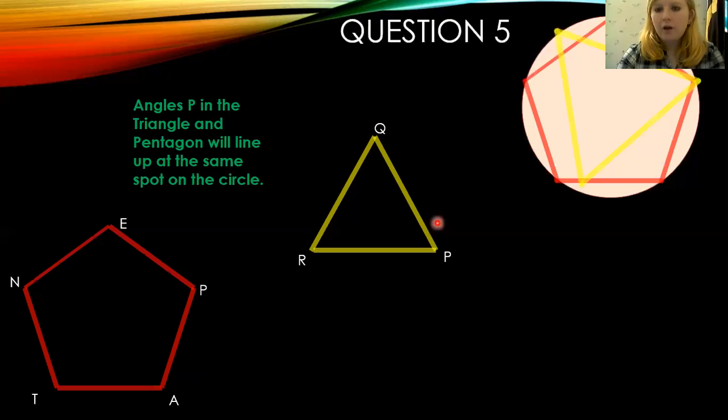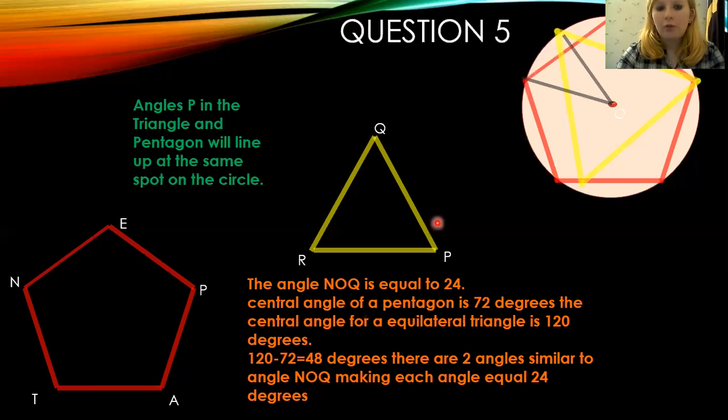So how do we figure this out? We're going to look at the center point O, and then we're going to look at this angle. The angle NOQ is equal to 24 degrees. Well, how do you know that? The central angle of a pentagon is 72 degrees. The central angle of an equilateral triangle is 120 degrees.